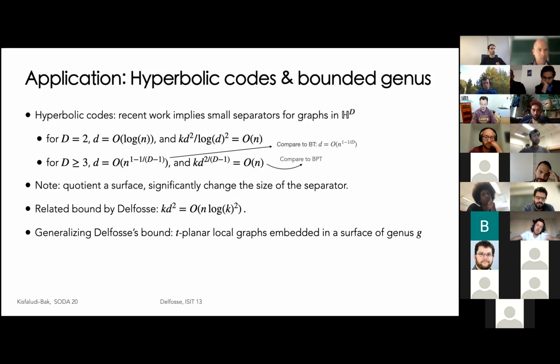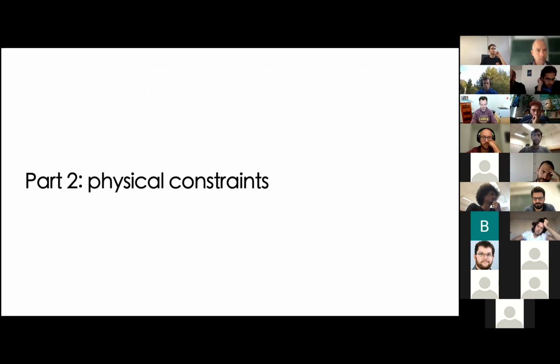We were able to borrow from results in graph theory that tell us how to extend such a result to surfaces of genus G. And here too, there's some very nice general bounds that apply to any code that's local on a surface of genus G. Okay, so with that said, let me move on to the second part of my talk, which concerns physical constraints for constructing LDPC codes.